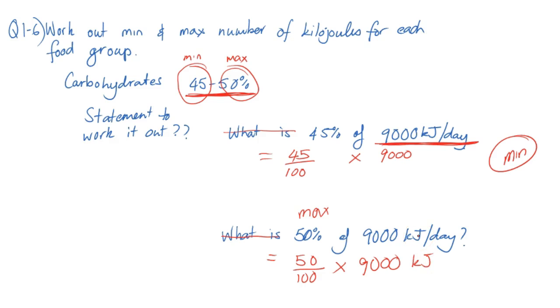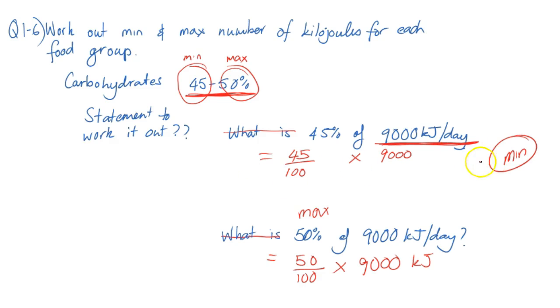kilojoules per day. So the one other thing you must do when you're working this out is you must make sure that you show your working so that you prove that you know how to do this. And you can also go back and see if there were any hiccups. You can find where you went wrong and learn from it so that you don't do it again.